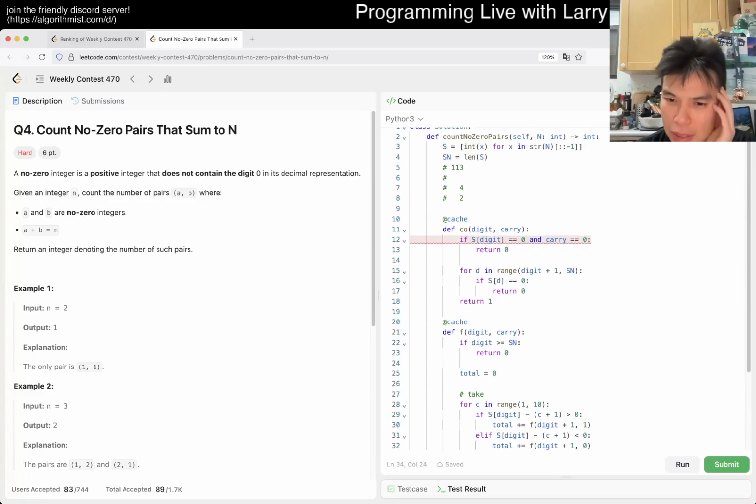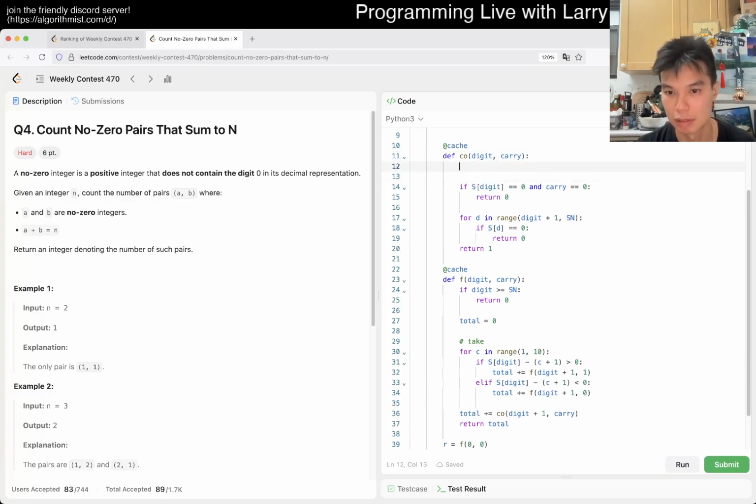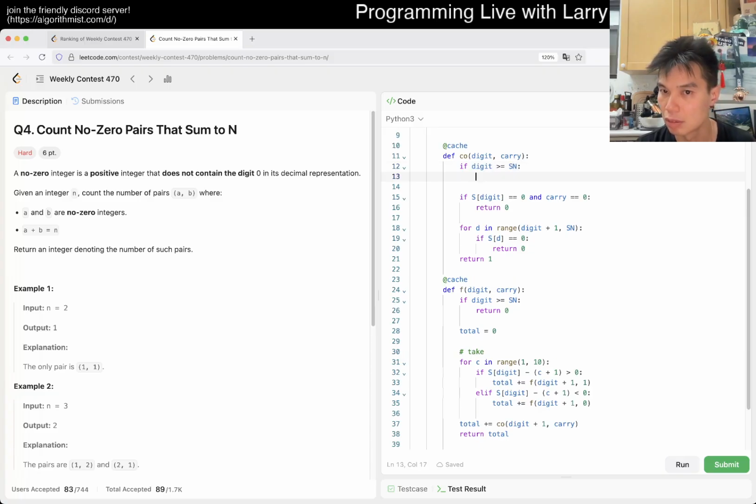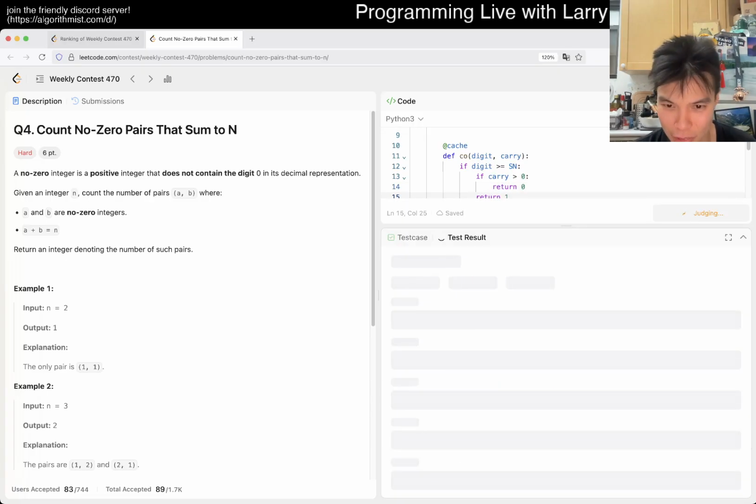S of digit is outbound. Oh, because of S +1. That means that if this is outbound, then okay. If something like that. This is so hacky though.